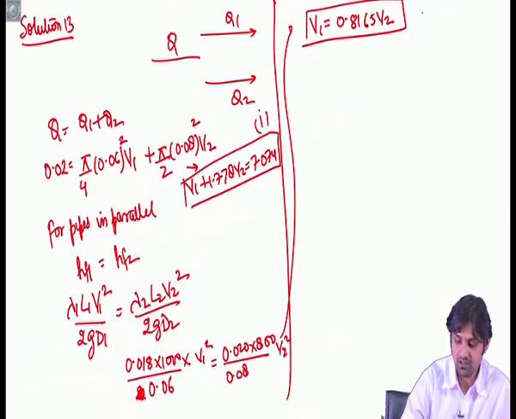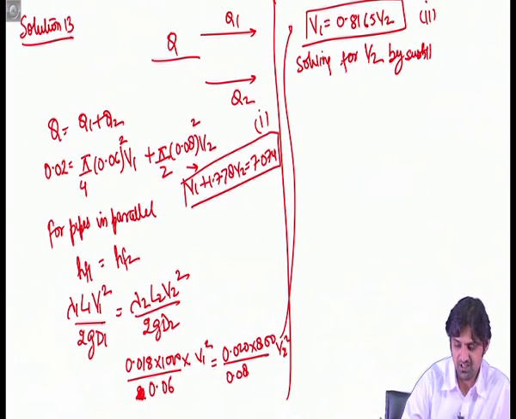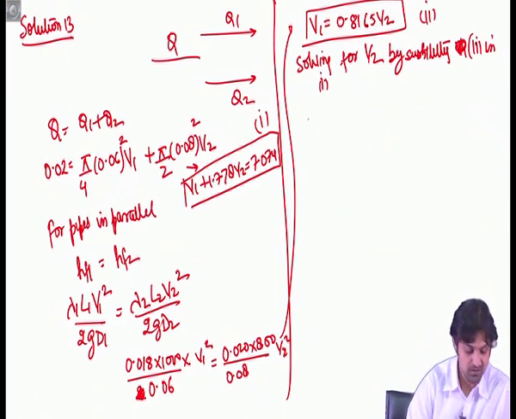So, equations 1 and 2. Solving for V2 by substituting 2 in 1, we will get V2 as 2.73 meters per second.